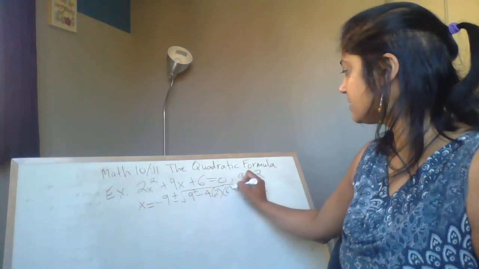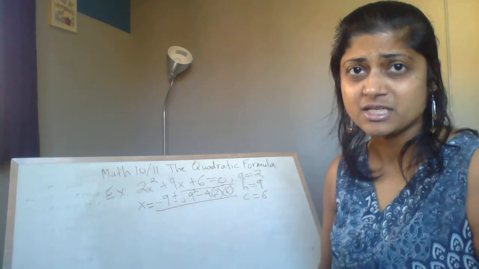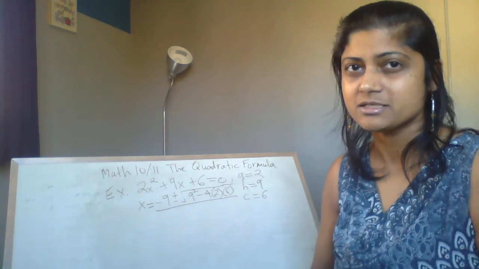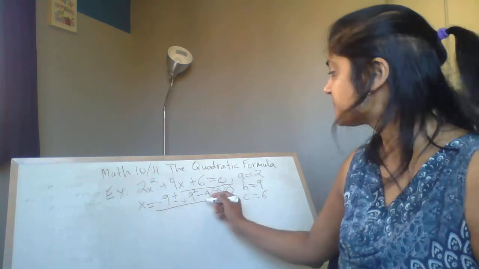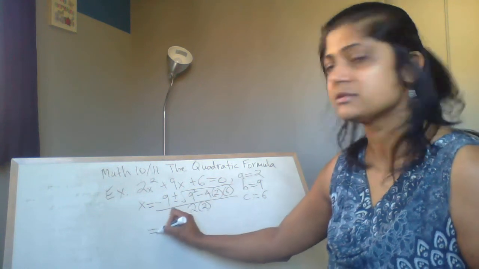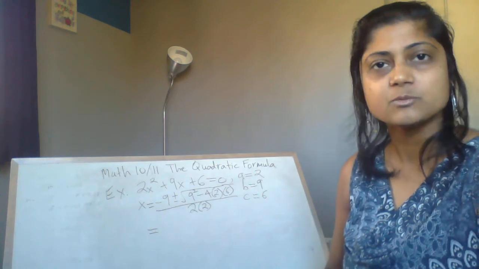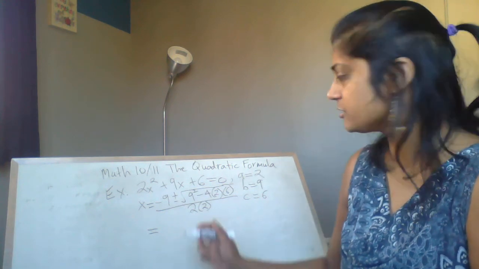And you notice that I'm actually putting everything inside the brackets, just so I don't mess up any of the signs, as well as the numbers. And the whole thing is over 2a, so it's going to be 2 times 2. So just like this.